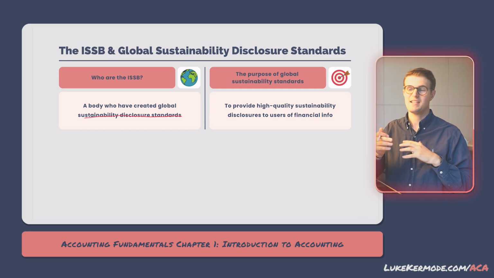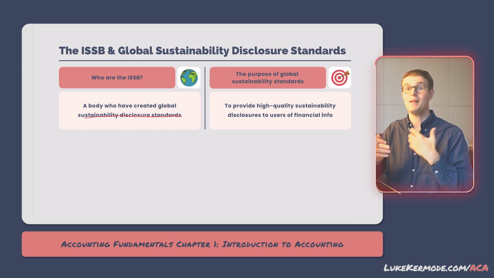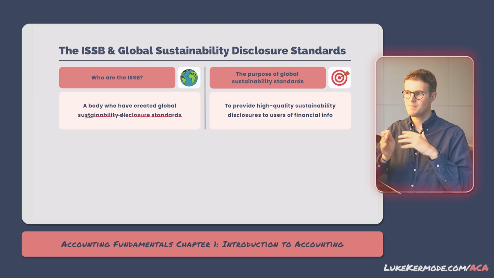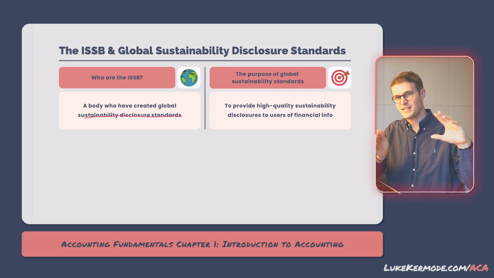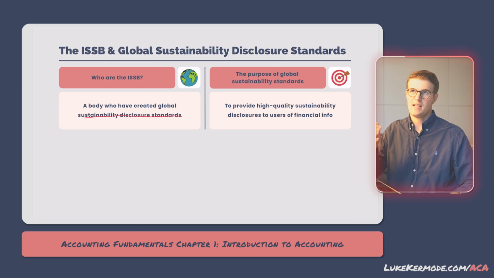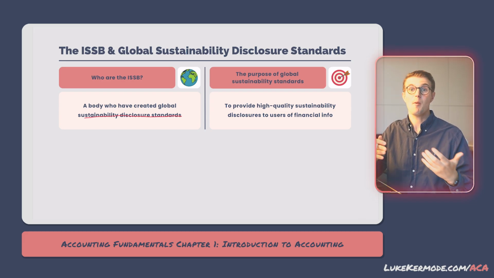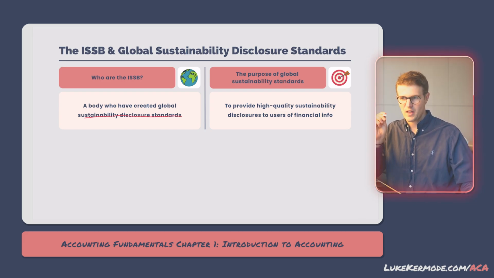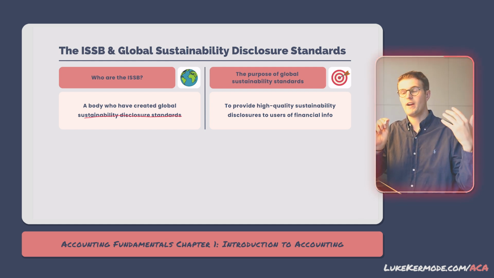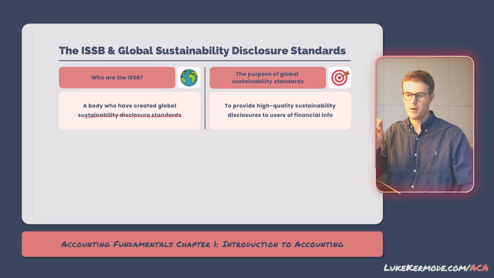The ISSB has outlined two key pillars of sustainability reporting: impacts and dependencies. Impacts measures how businesses' activities and actions affect the environment or society, such as its carbon emissions or its labour practices. Dependencies, on the other hand, focuses more on how external conditions and factors like climate change or new regulation that's being introduced affect the company's ability to operate and create value.